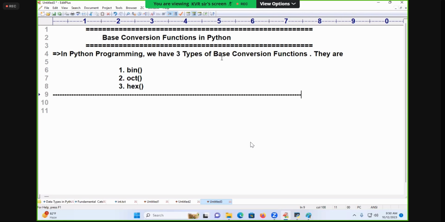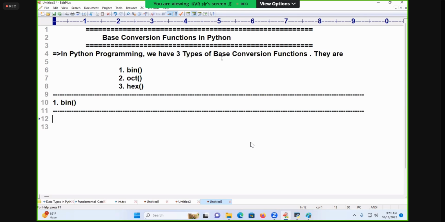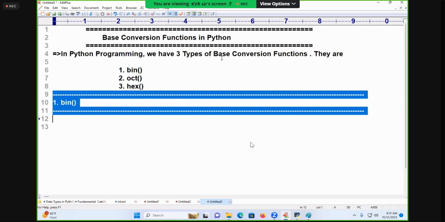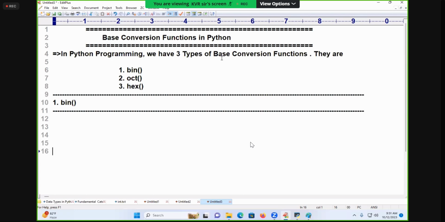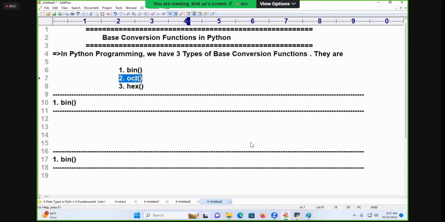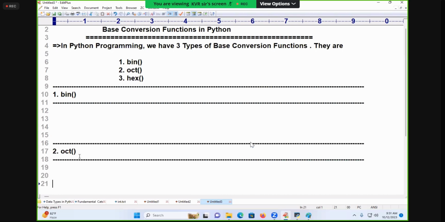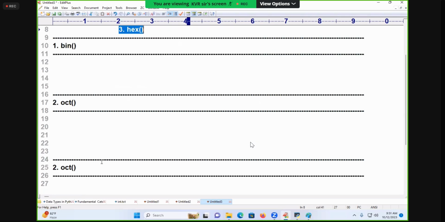Now I want to give you the first function, bin(). Now I am going to explain bin(). After that, I will take one more, oct(). The second one is oct(). Another one is hex(). I will take hex().